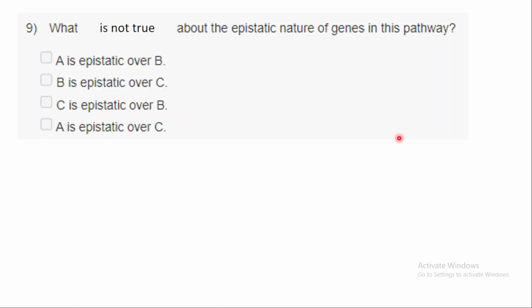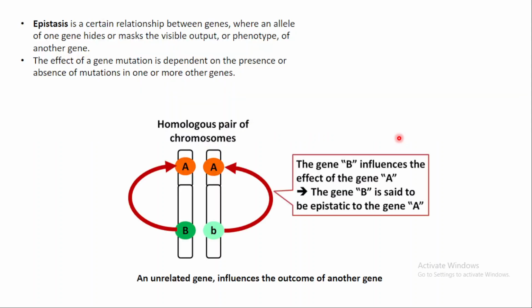Now let us see what is the correct answer. Option 3 is the correct answer. Ajay has answered correctly. And Simhasanam answered 4 and 3. I think after this explanation you will be able to understand. Let us start with the definition of epistasis.